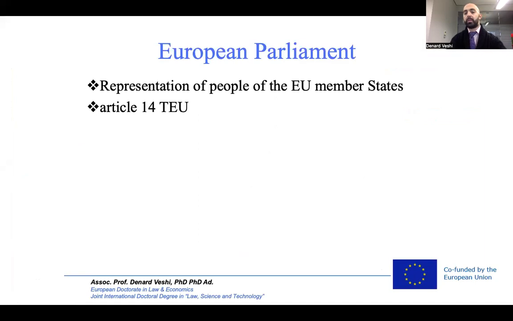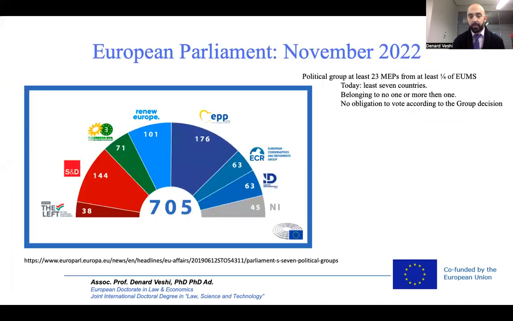I'm going to focus immediately on the most important institution, which is the European Parliament, which is ruled in Article 14 of the Treaty on the European Union. In the last elections, this is how the groups of the European Parliament are divided.